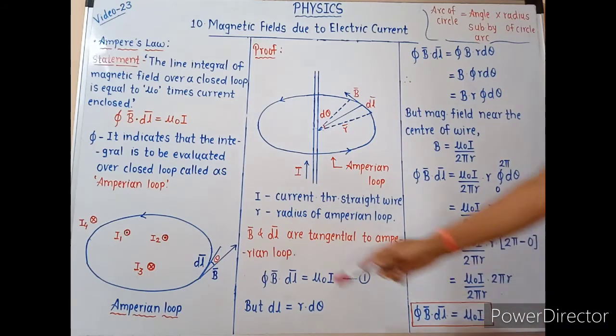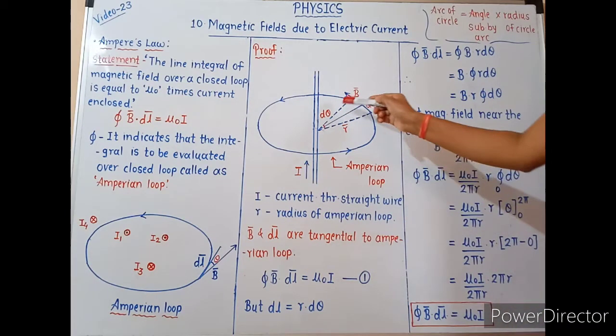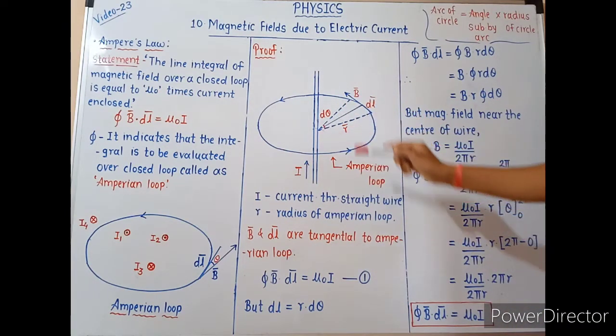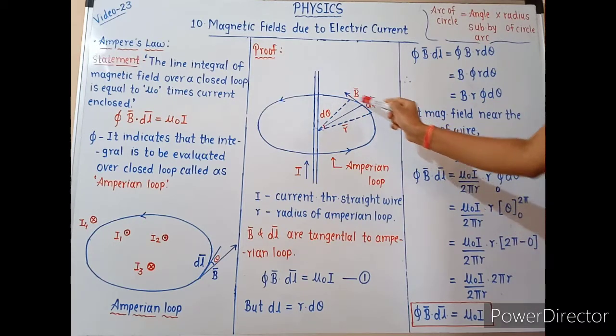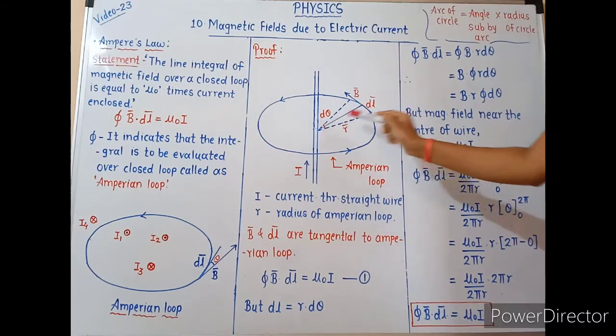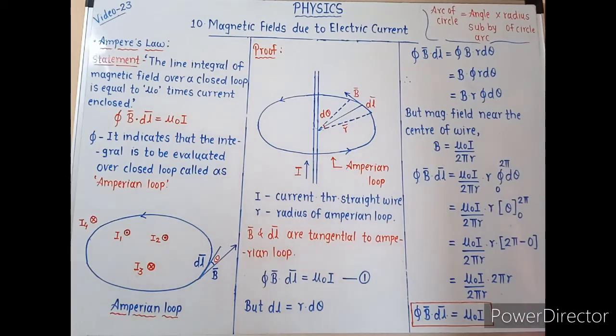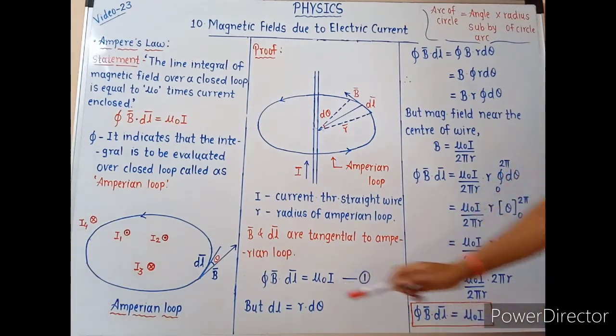That is, dl is equal to r d theta. So substitute this value in equation 1.